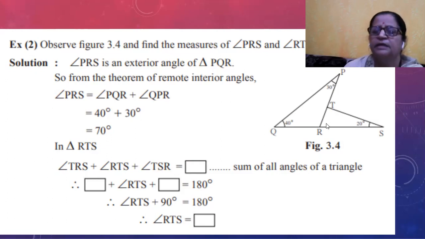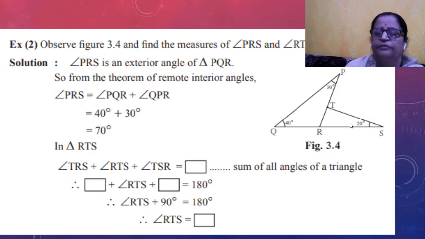Then we go to the other triangle, that is triangle RTS. Here, angle TRS is 70 degrees. We are going to find the measures of the angles of this triangle: angle TRS, angle RTS and angle TSR.